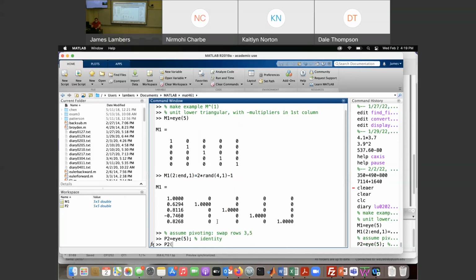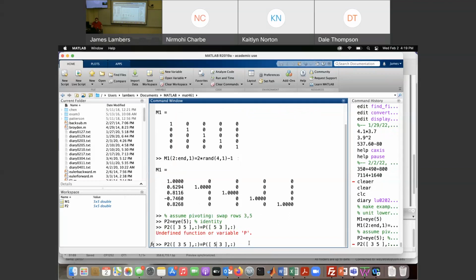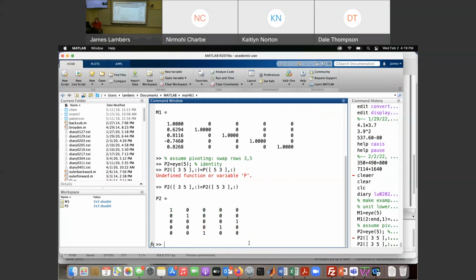The way I can do that is I will assign rows 3 and 5, all columns, to be rows 5 and 3, all columns. So that does it. Oh, supposed to be P2. Well, I'll be editing that diagram later. So here it starts out looking like the identity, first 2 rows. But you see rows 3 and 5 have been swapped. So this is the permutation matrix I'm looking for.